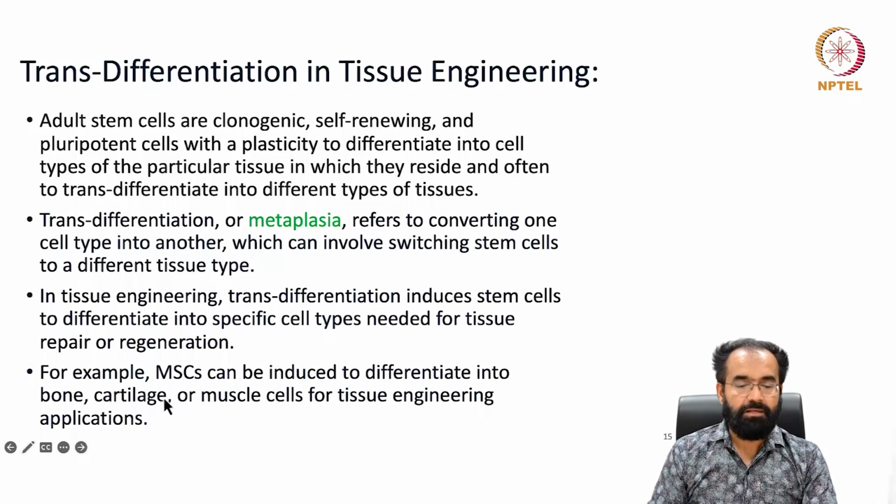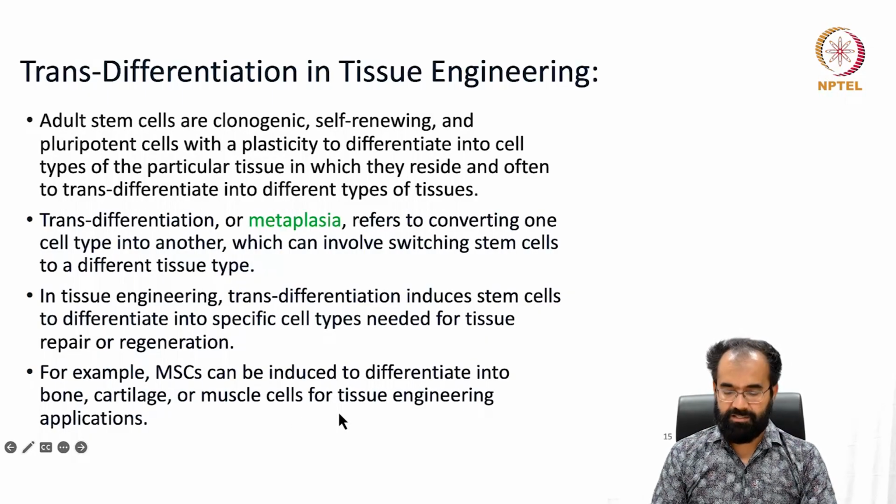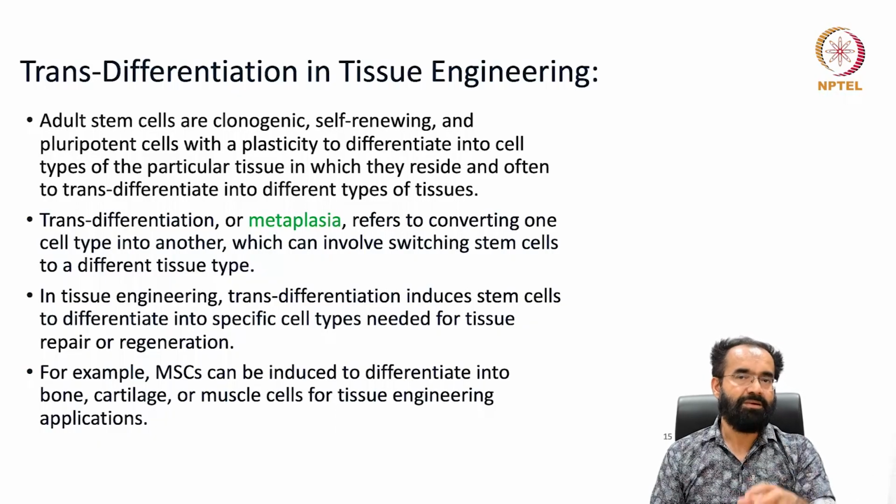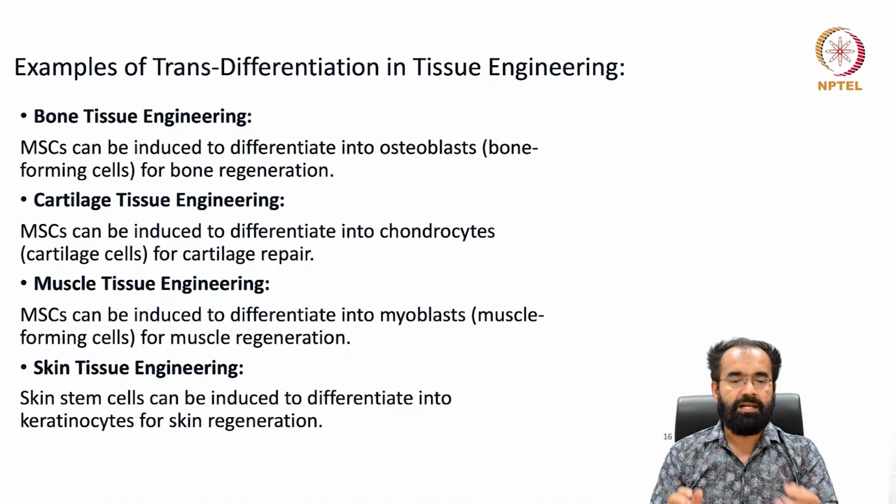For example, MSCs, mesenchymal stem cells, can be induced to differentiate into bone, cartilage or muscle cells for tissue engineering applications. So if you have MSCs from an organism, I need a bone, I need a muscle cell, so I can make it as per my liking.